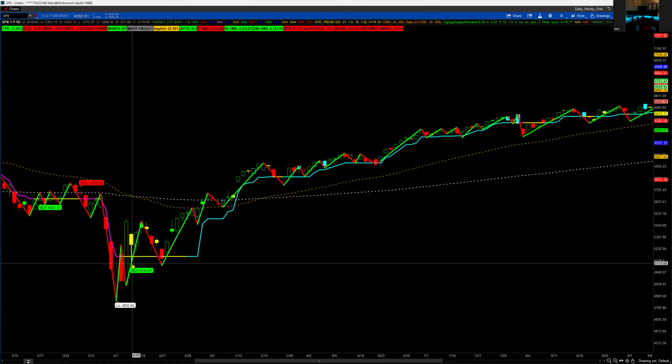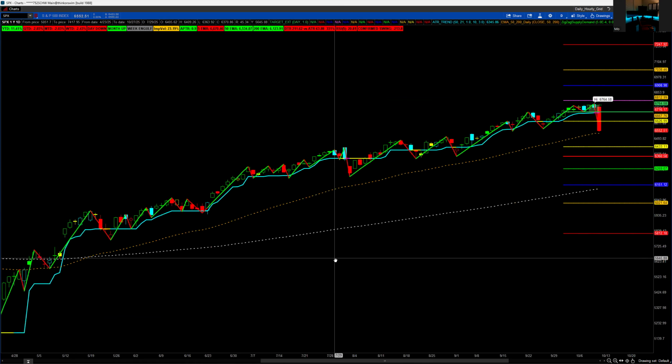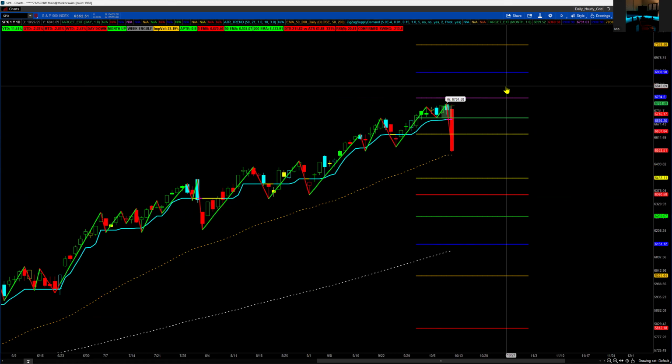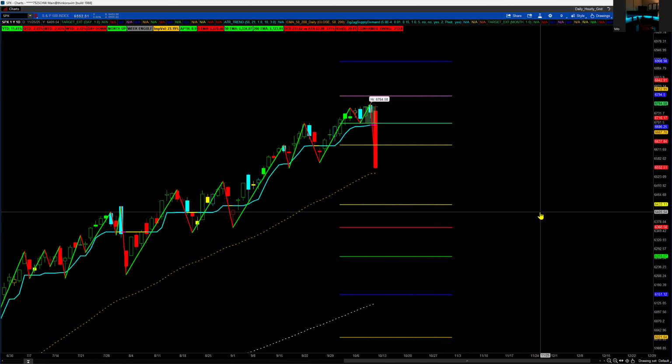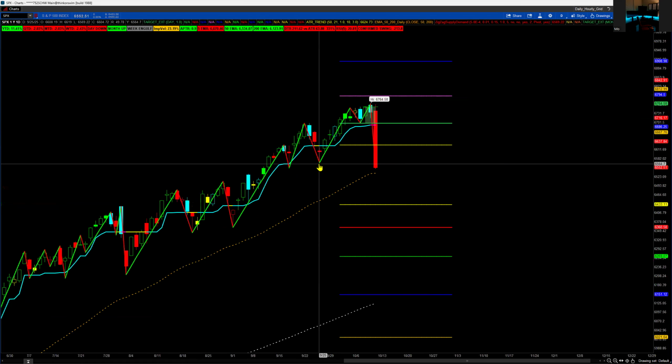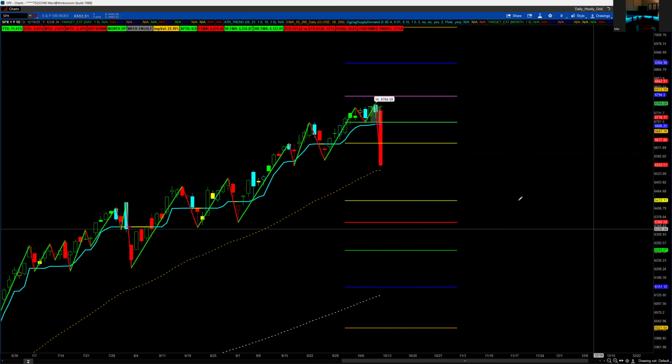It was a buy right there. The signal triggered at 51.15. I mean, here we are. It's the same swing that I'm talking about. It's here.